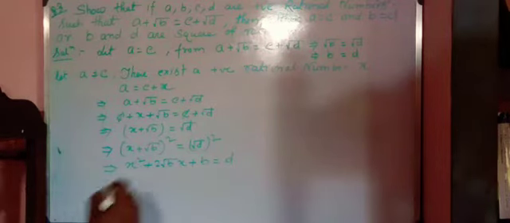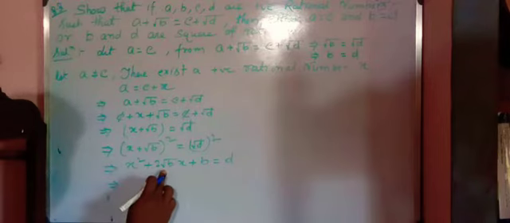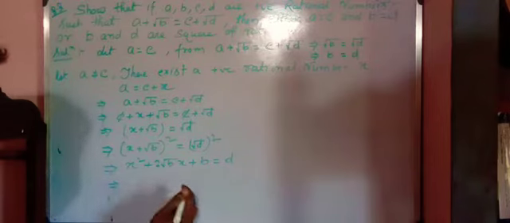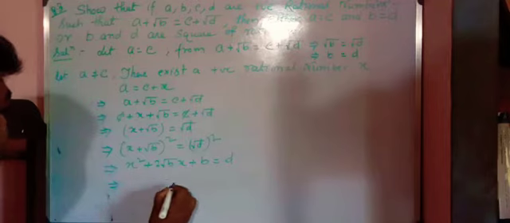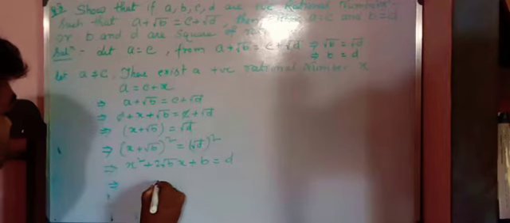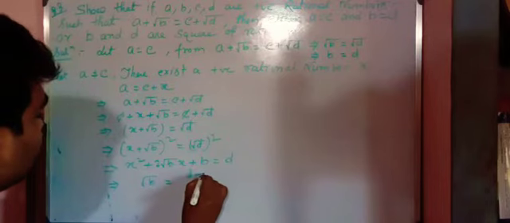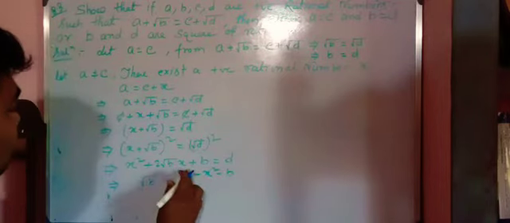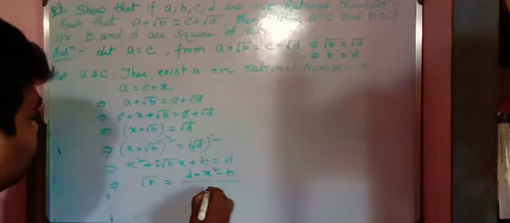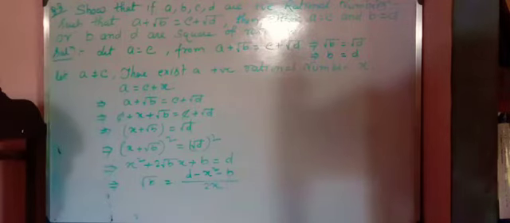From here, if we compute the value of root b, root b is equal to d minus x square minus b by 2x. Hope you are able to understand it.